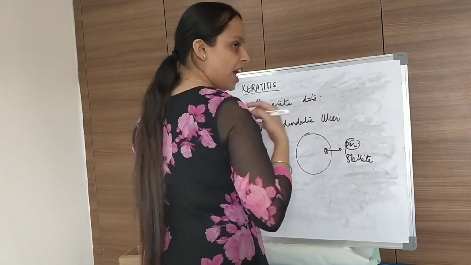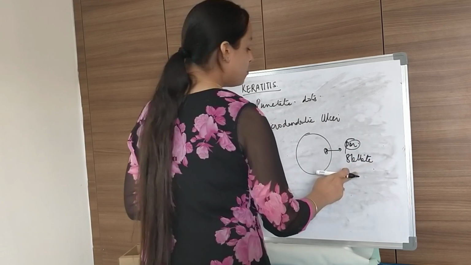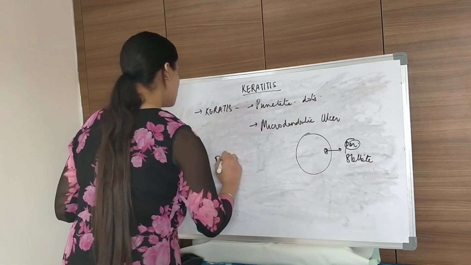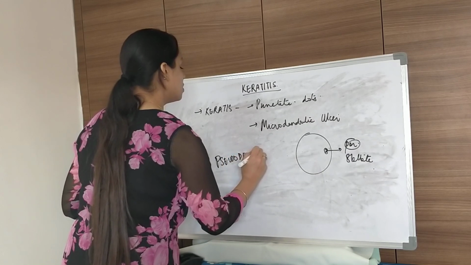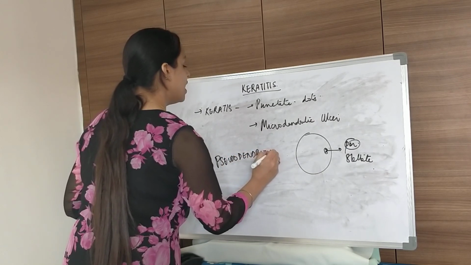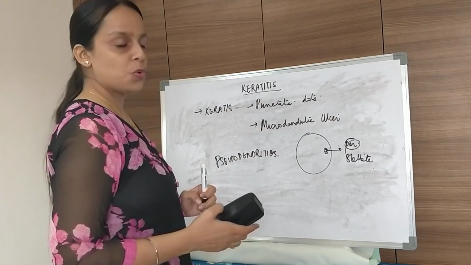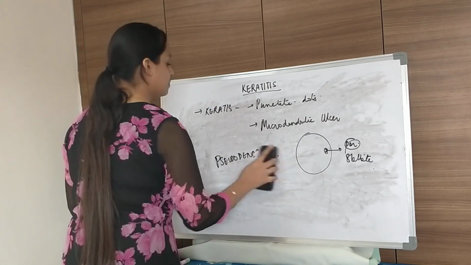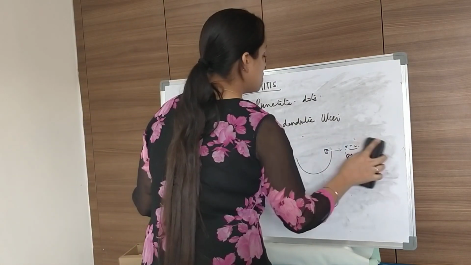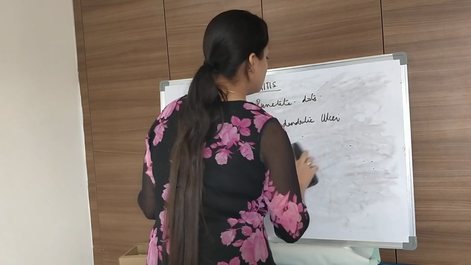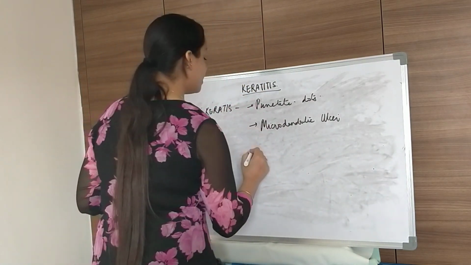Because of the absence of terminal buds, their peripheral nature and their stellate forms, these are called pseudodendrites. This clinical presentation will help you distinguish between herpes simplex and herpes zoster keratitis. So this is the microdendritic ulcer.